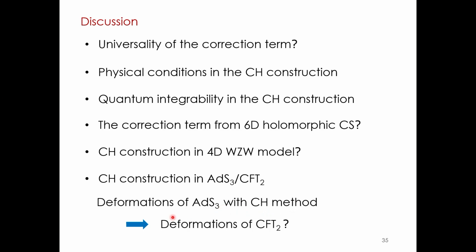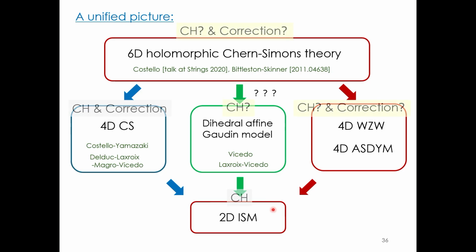For example, the deformations of AdS3 should correspond to deformations of conformal field theories. So probably by using this Courant-Hilbert method, it may be possible to find new kinds of deformations of conformal field theories. Okay, this is the last slide, and so I will stop here.